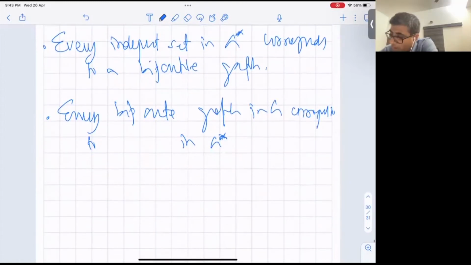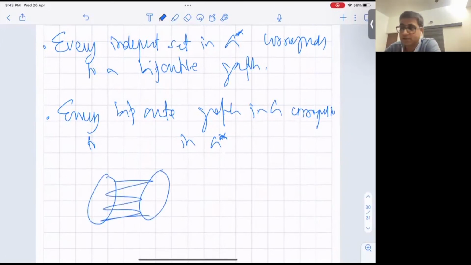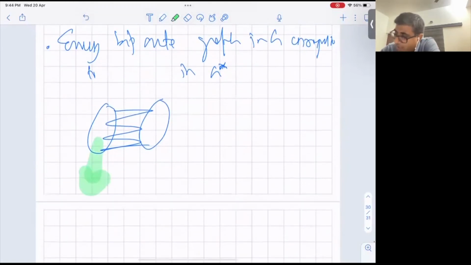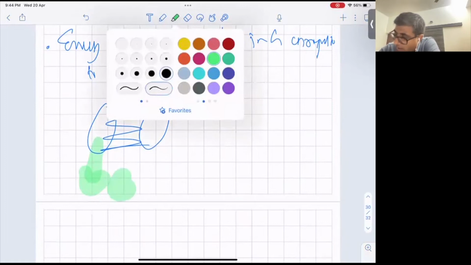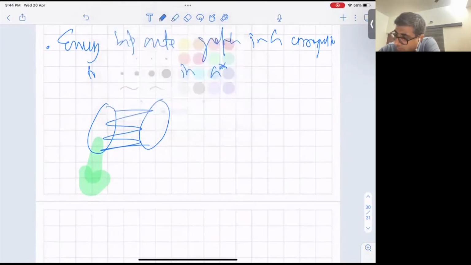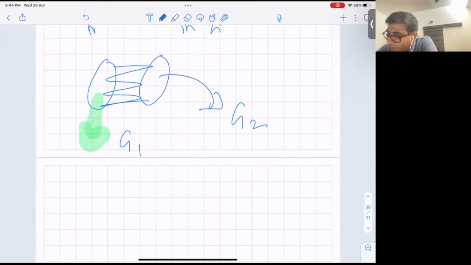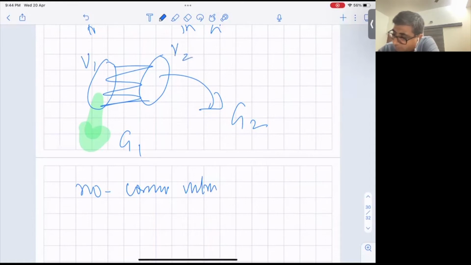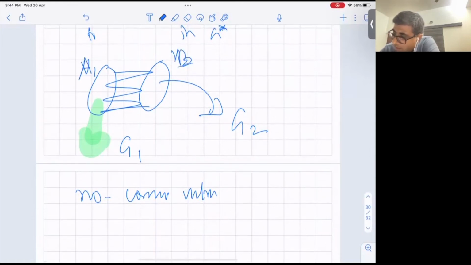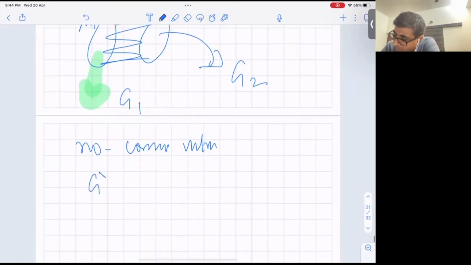Why? Because a bipartite graph can be partitioned into two independent sets. So you take one side into G1 and the other side into G2, because there are no common vertices. Then the union A union B in G star is an independent set.